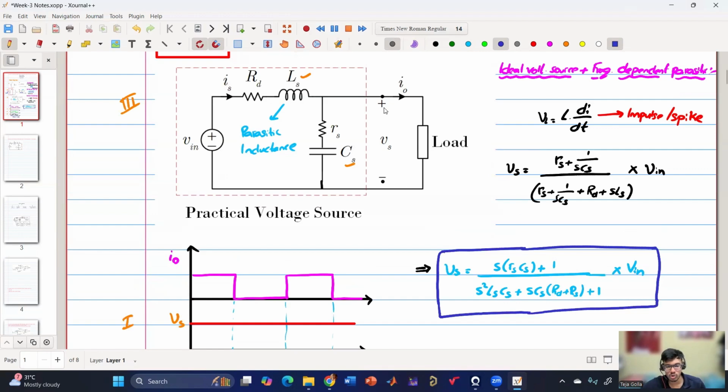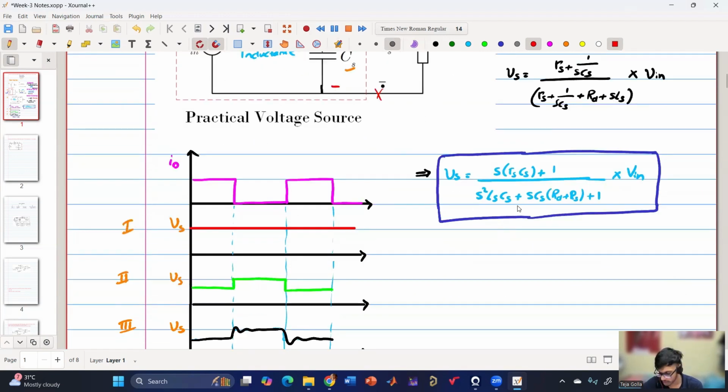So when there is no load, I am just calculating as if the load is not there. I have disconnected the load, otherwise there will be loading, and then I am calculating the voltage across this point. Say when there is no load. If there is load, then we cannot directly do this because there is current flowing in this direction also. Clear?